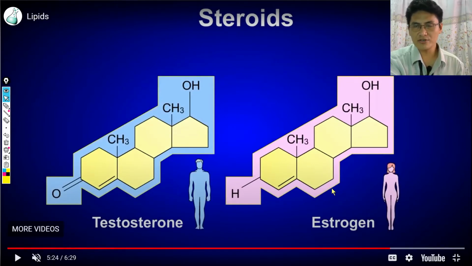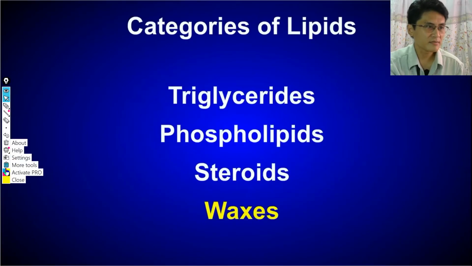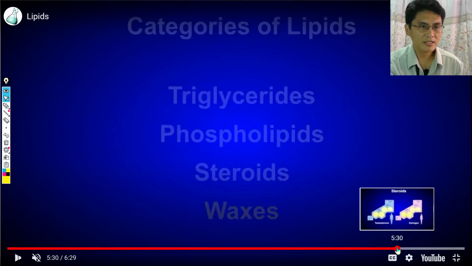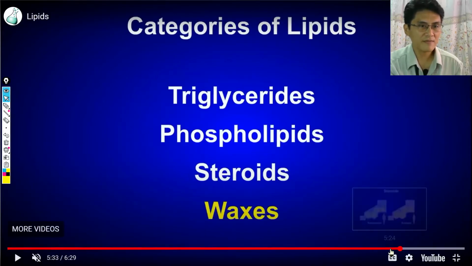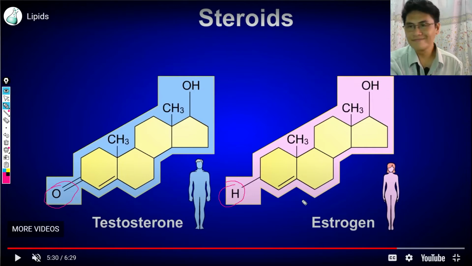So if you look at this, testosterone, estrogen, what you would notice is that, sir, isn't that the same compound? Well, let's spot the difference. Let's go back a little bit and let's pause on that frame. Let's spot the difference. So here, this is O instead of an H, right? And all of the other structures are the same, right?